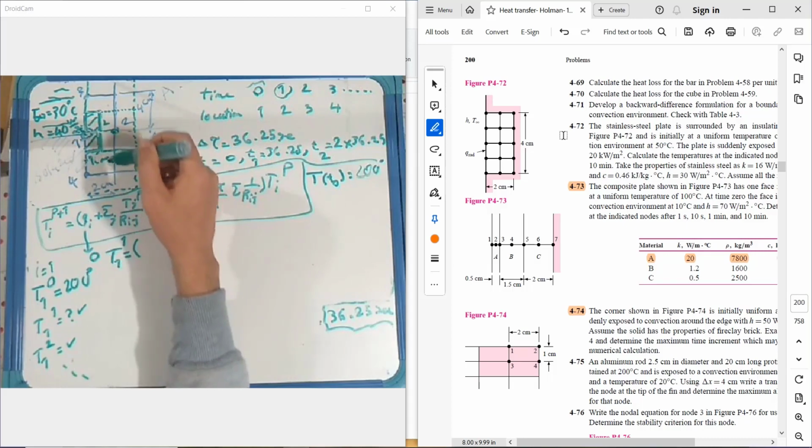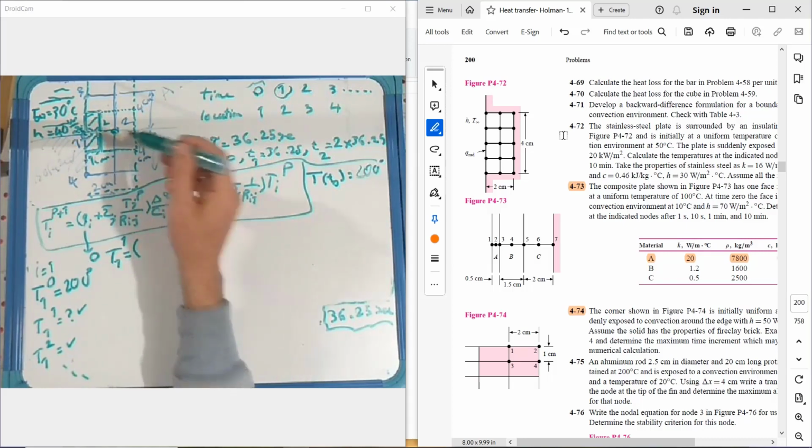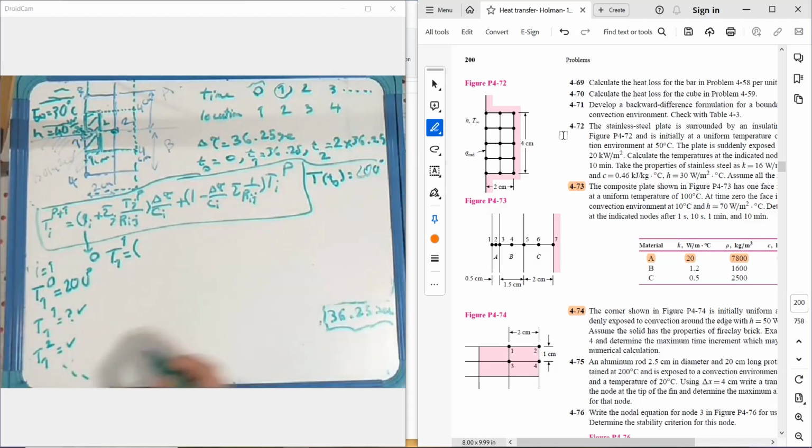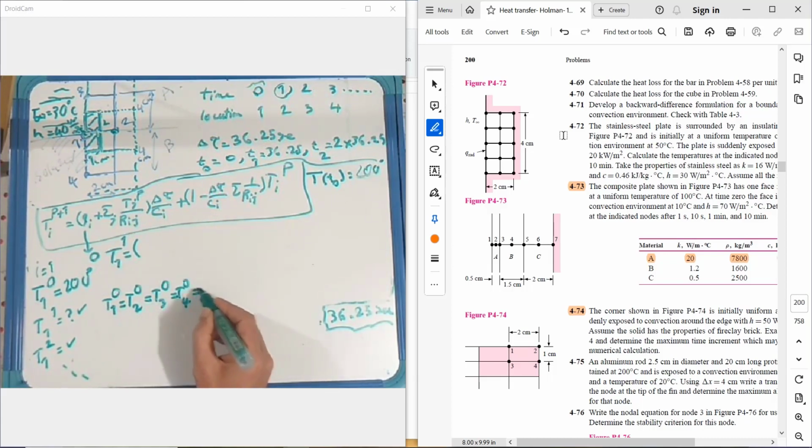We should know the temperature of all the points. And imagine all of them would be 200 degrees Celsius: T10 equals T20 equals T30 equals T40 equals 200 degrees Celsius.